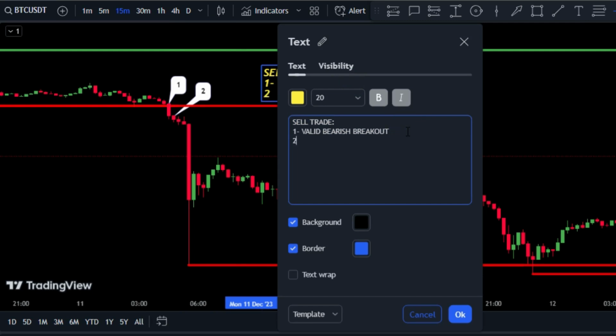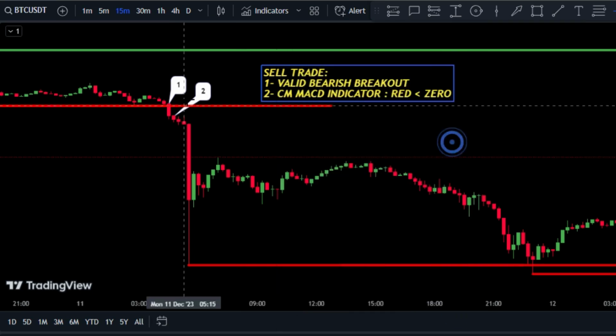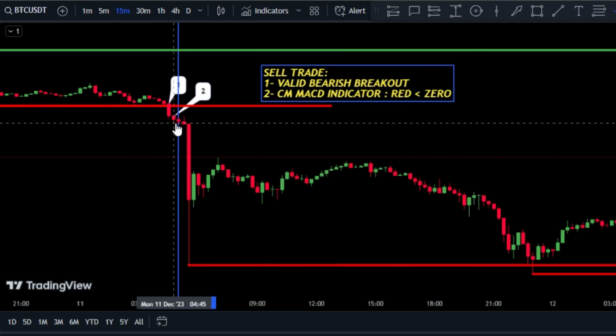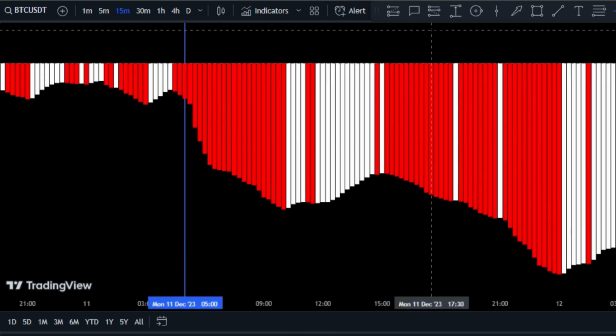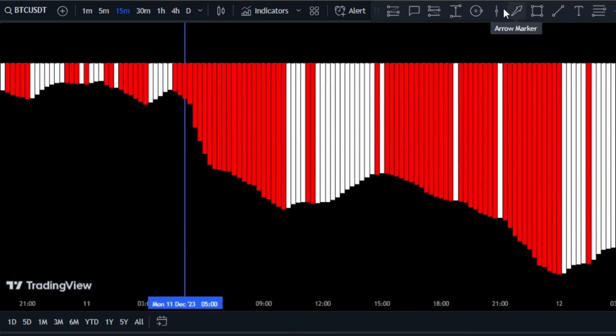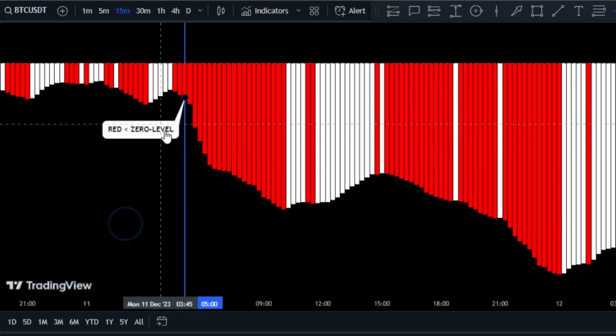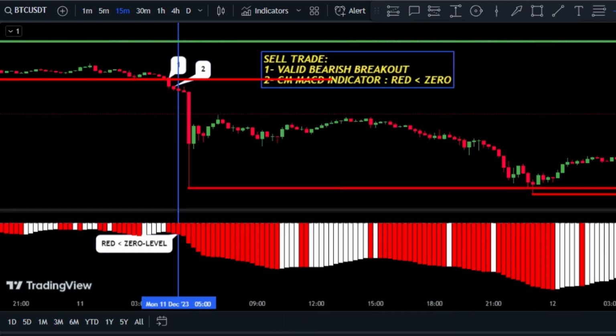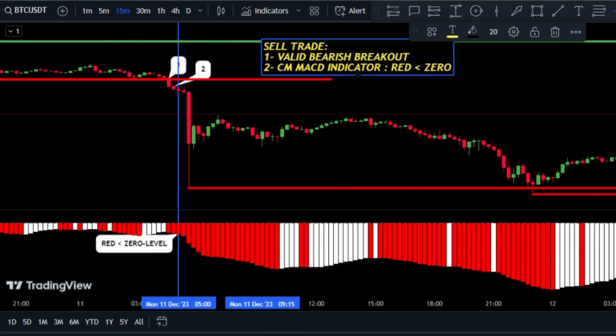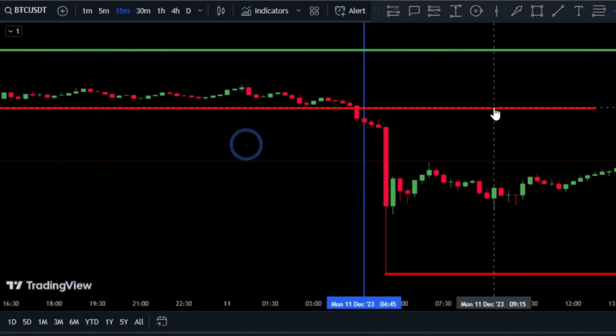Then check the CMAC custom indicator to confirm the signal based on its color and position. So now, if both these conditions are met, you can enter a sell trade.